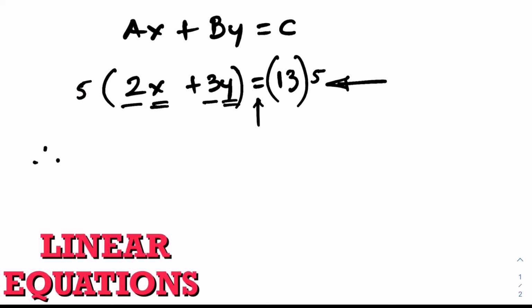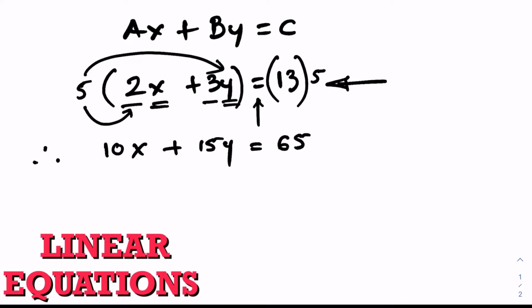Therefore, this equation turns into 10x plus 15y equal to 65. What I've done is multiplied 5 by 2x and 5 by 3y, and I get the new equation 10x plus 15y equal to 65.